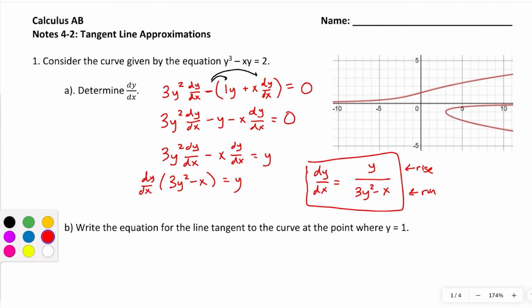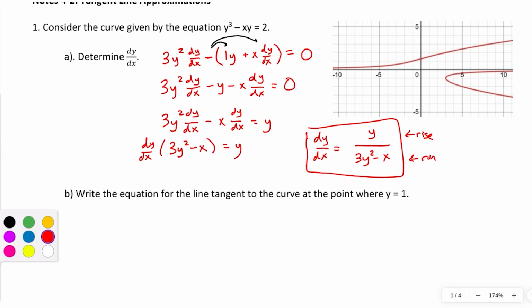Okay, so let's take this one step further and come up with the equation of the line that is tangent to this curve where y is 1. We can see up here where y is 1 is roughly right here, and so our tangent line is going to be doing something like this. It's kind of hard to see.